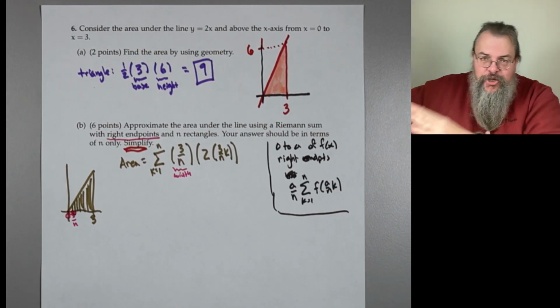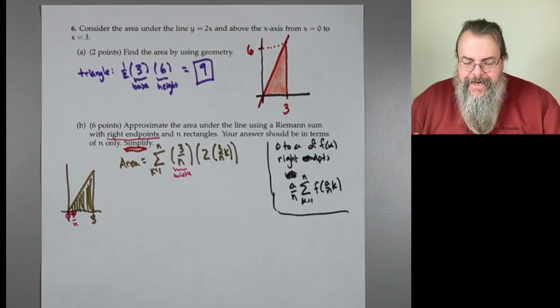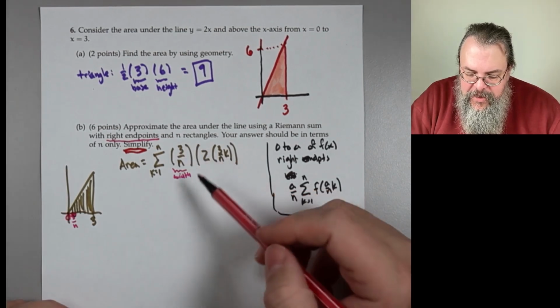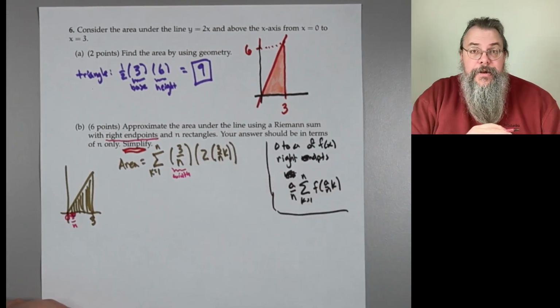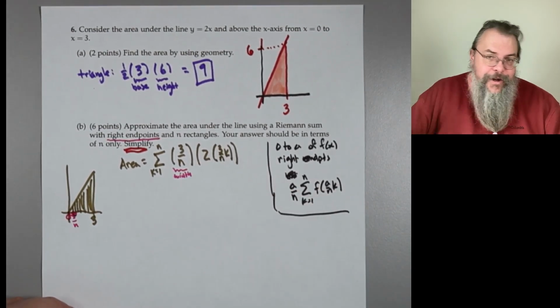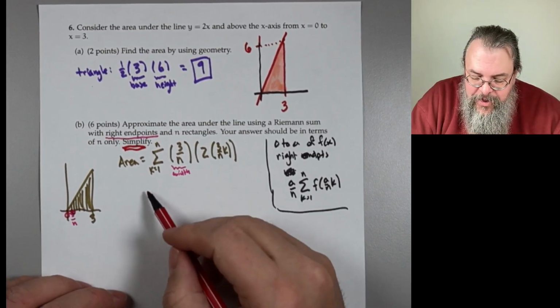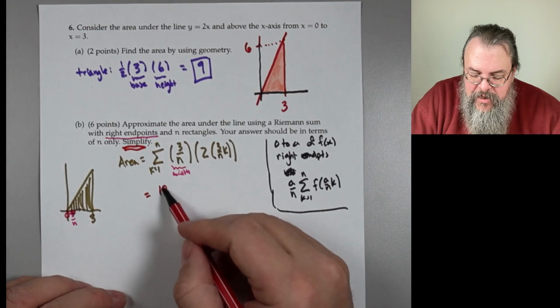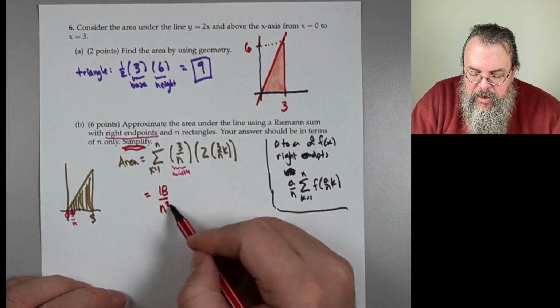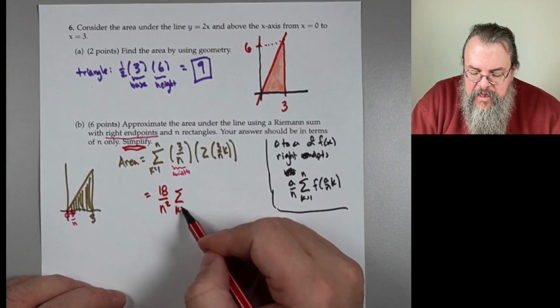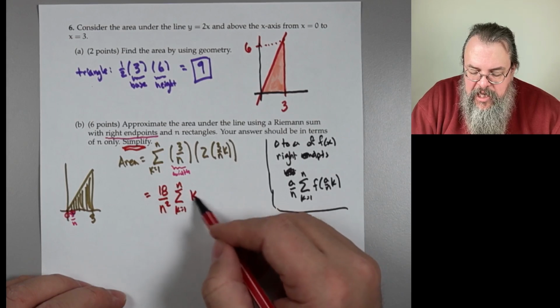So we're pushing everything that doesn't involve k out of our sum. So 3 over n, 2, 3 over n, none of those involve k. You're all going out. So what does that give us? That's 18 over n squared, sum k equals 1 to n of k.